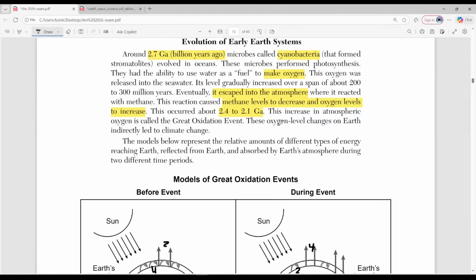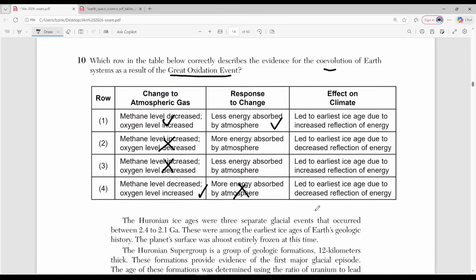Did they say that, I think? Look, oxygen level change led to climate change. It's probably right. Let's just see what the last one was. Led to earliest ice age due to decreased reflection. No, decreased reflection would mean there's more energy coming in, so that would heat up the planet. So this is wrong. So the answer would be number 1.